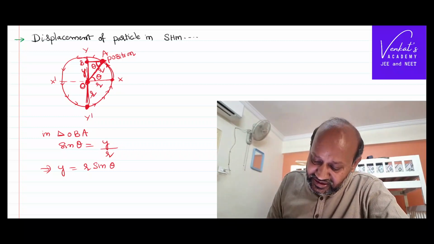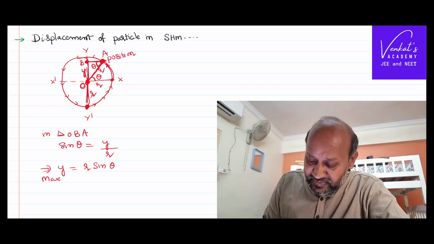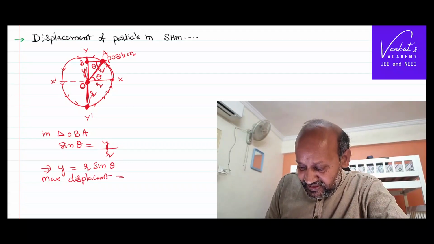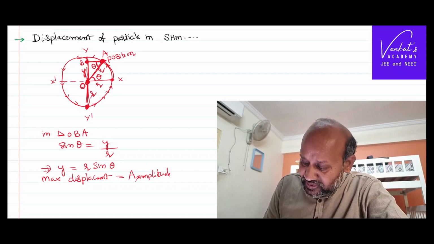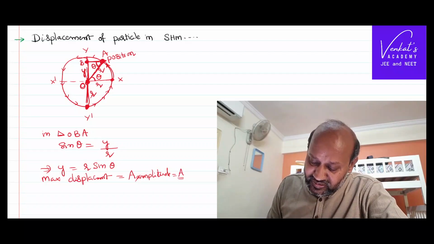So what we can write is, maximum displacement is amplitude, and we can represent that as A. That is r itself in our case because r is the maximum possible displacement.